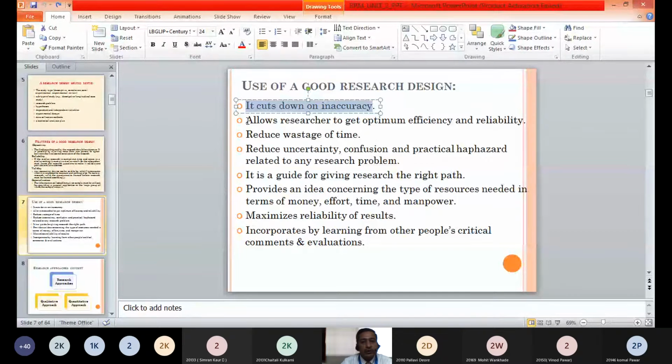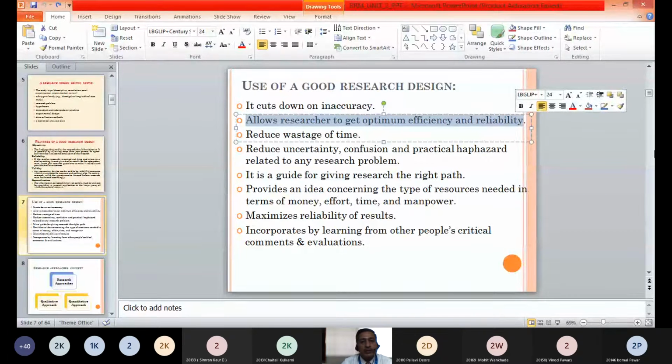It allows the researcher to get maximum efficiency and reliability. A good quality research design gives you optimum efficiency and maximum output, and it is also trustworthy, that is, reliable.